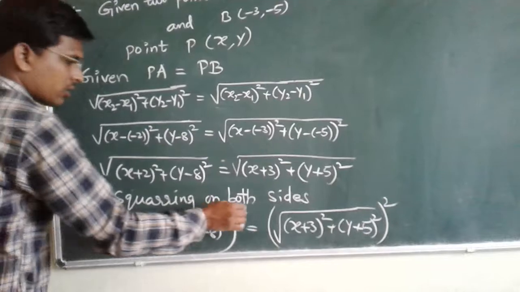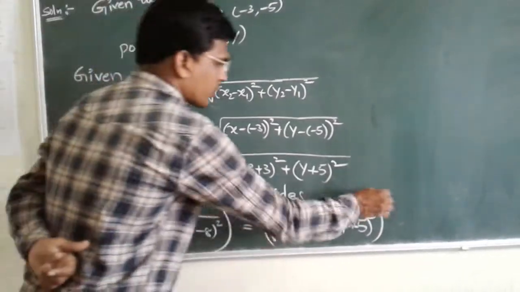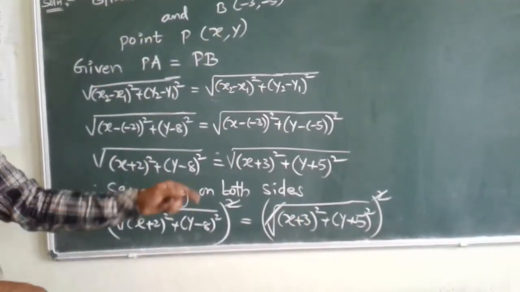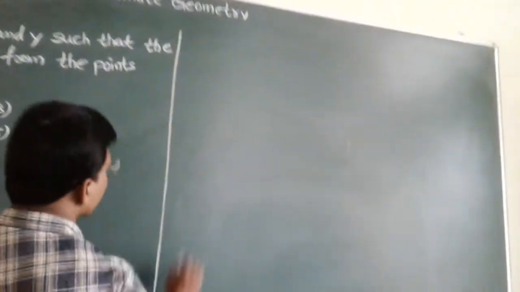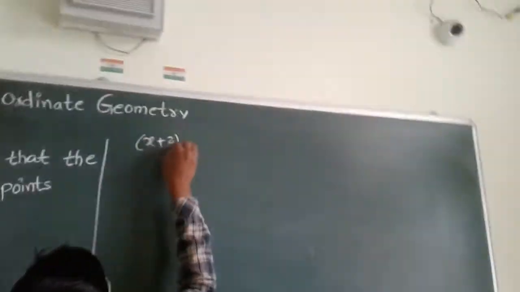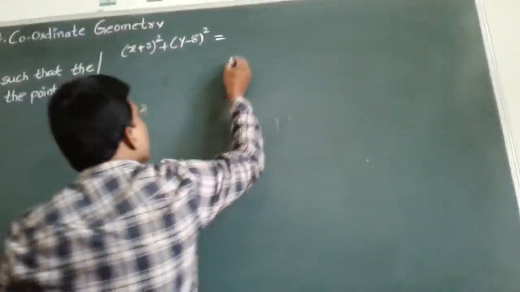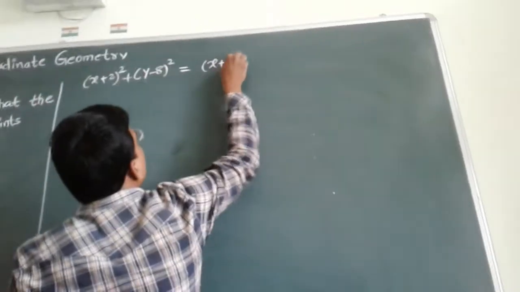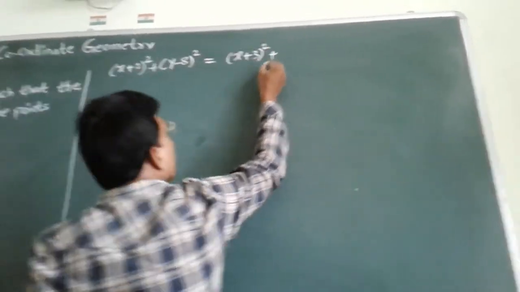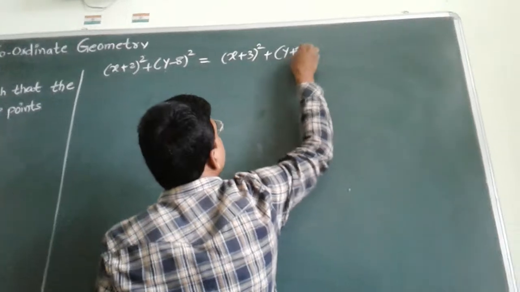Now we can cancel square and square root, square and square root. Write the remaining terms: (x plus 2) whole square plus (y minus 8) whole square is equal to (x plus 3) whole square plus (y plus 5) whole square.